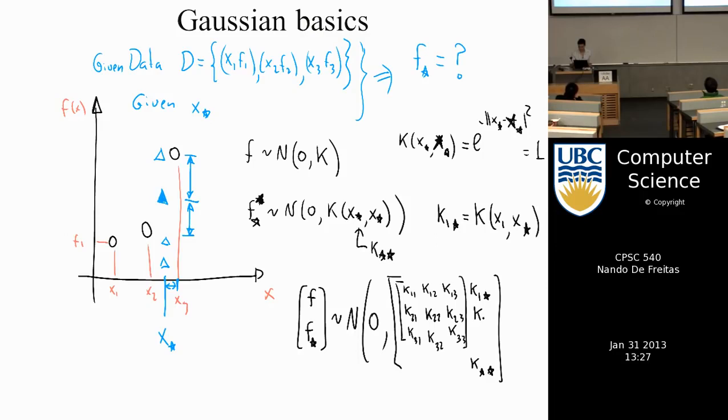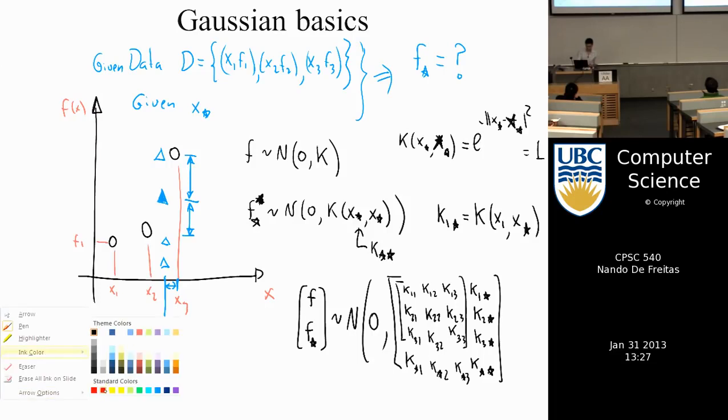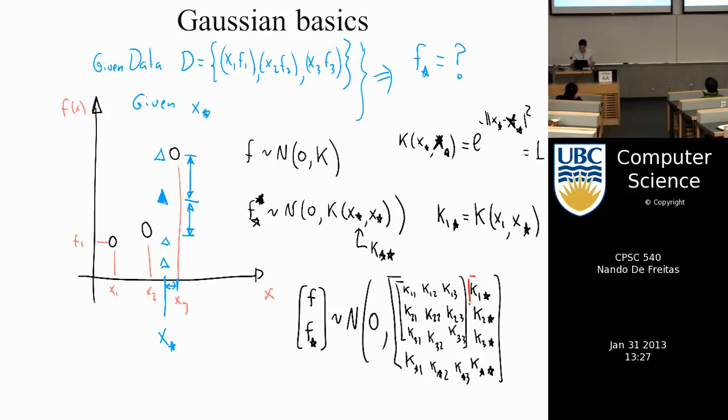So I would have k2 star, k3 star, and here I have the transpose, which is k star 1, k star 2, k star 3. I'm going to group this block.